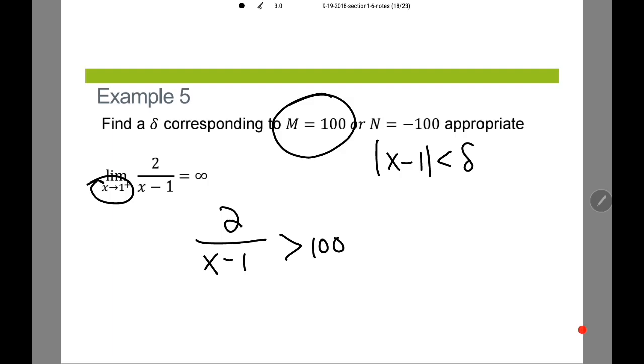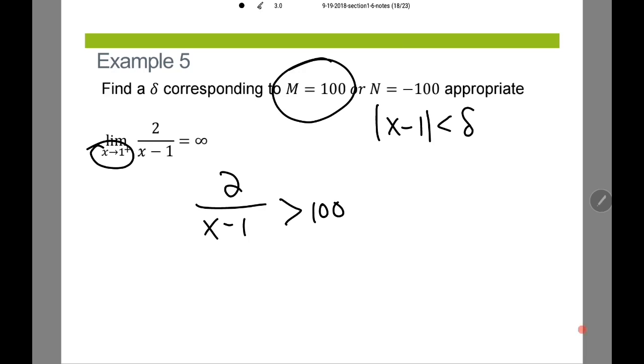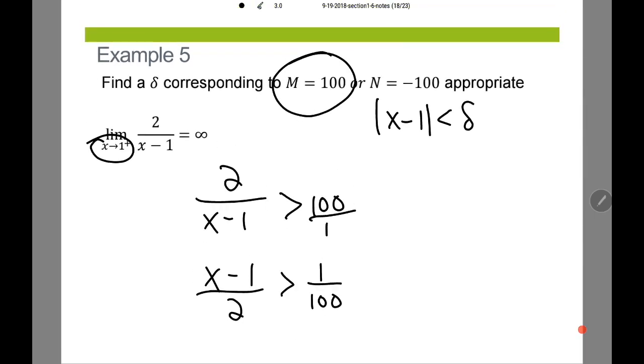Now, to solve this easily, you have to remember a couple little things about equality. This is 100 over 1. So if I take two fractions and just flip them over, I haven't changed what I have as far as the equation goes. Now I can multiply both sides by 2.